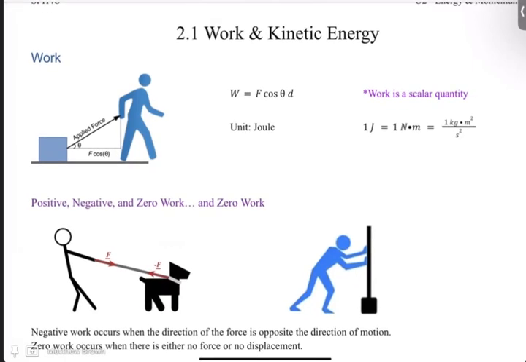Work is, technically, defined as the force times the distance that something moves. But to be really picky about it, it's only the component of the force in the direction of motion.